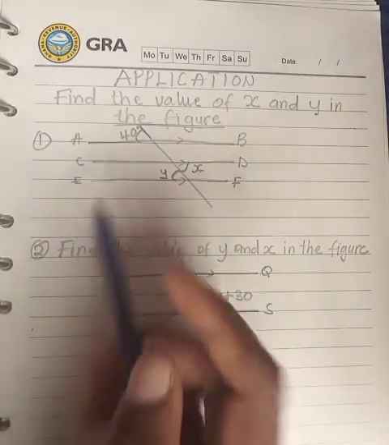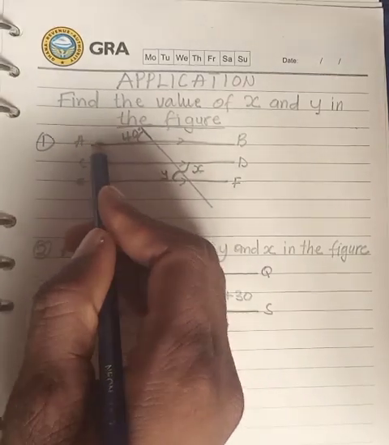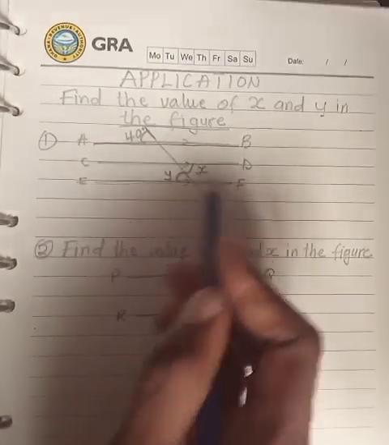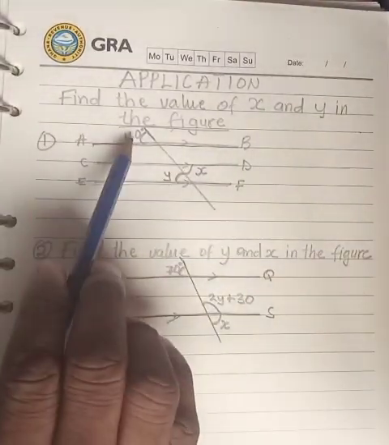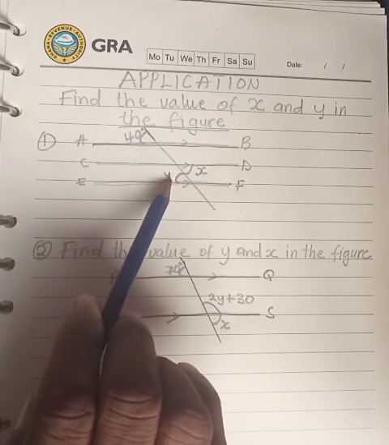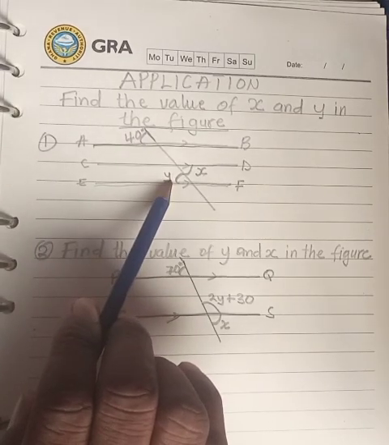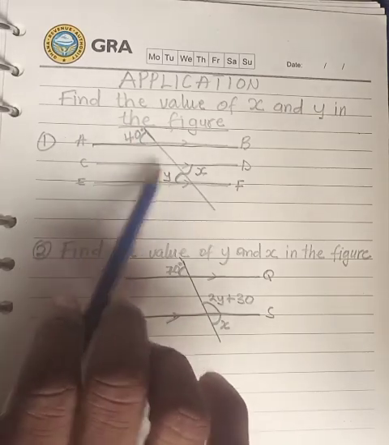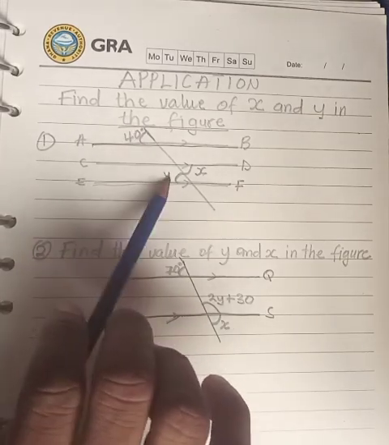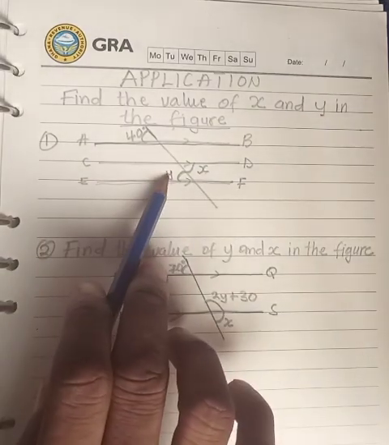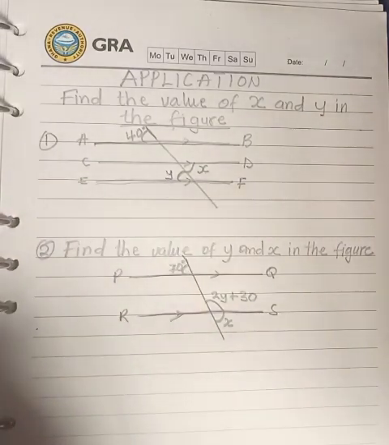Okay, so taking these two parallel lines, this one and this one, and you compare the angle here with the angle y, which of the angle properties that we've discussed earlier are we going to use to get the value of y?